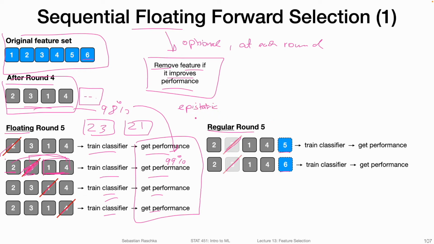So in this case, sequential floating forward selection has more flexibility than the regular sequential feature selection without floating, and it's also better at considering feature interactions. But in any case, any type of sequential feature selection is superior to univariate feature selection, where you only consider one feature at a time, because here you really consider combinations of features.